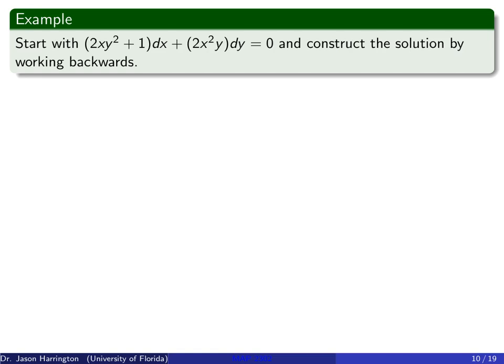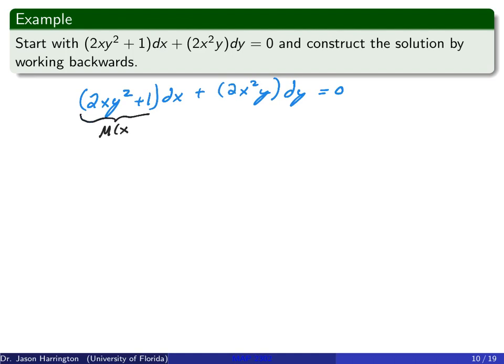So now I'm going to start with this. I have 2x y squared plus 1 dx plus 2x squared y dy is equal to 0. Just for simplicity and for the rest of the lecture, I'm going to call this first term a function m of x and y.